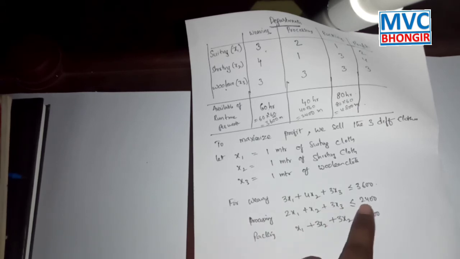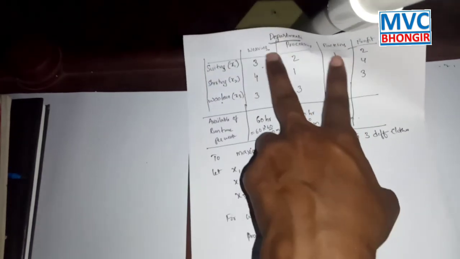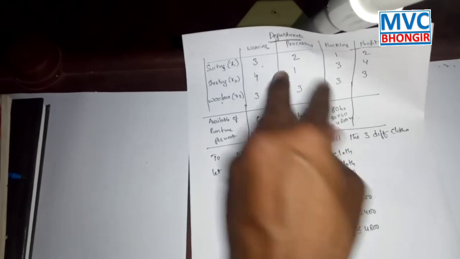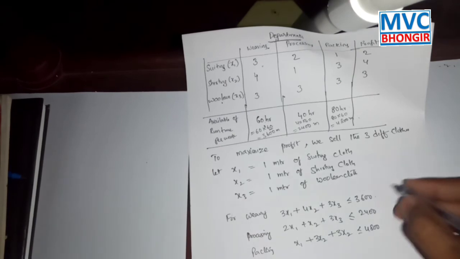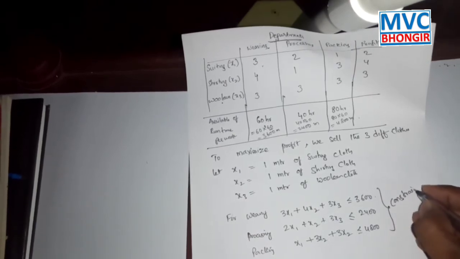And the packing department can also produce 1x1 product, 3x2 products and 3x3 products within the given time, and these 3 are called the constraints. We have constructed the constraints.